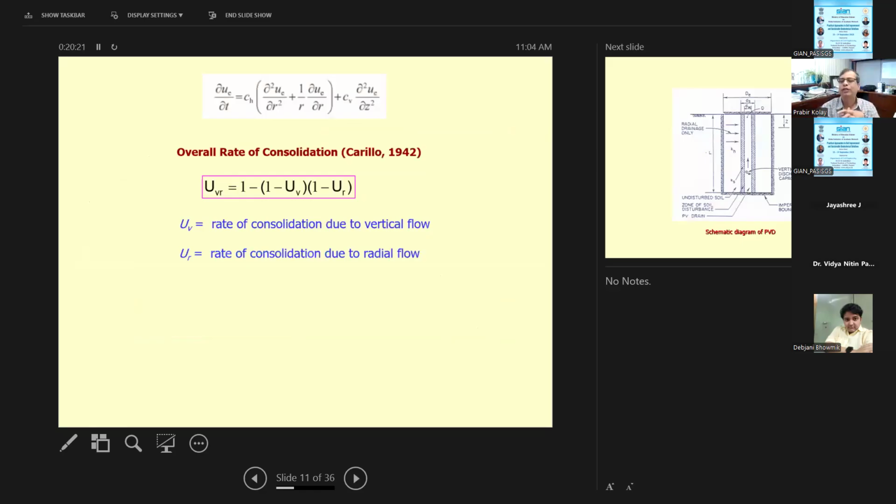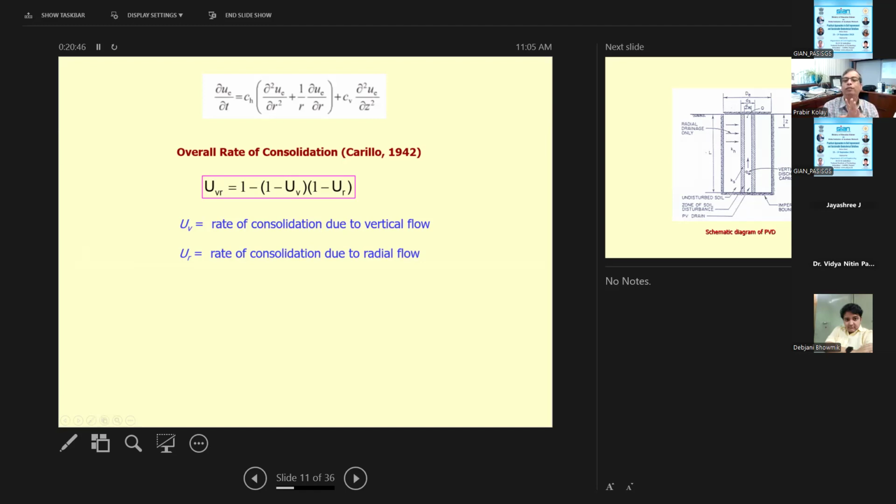Again, as I mentioned, when you consider the degree of consolidation, the overall rate of consolidation, we need to consider how much is the vertical consolidation and how much is the radial or horizontal consolidation. So normally du/dt, the change in pore water pressure with time, is equal to Cv times d²u/dz².